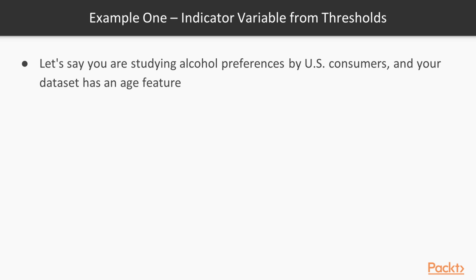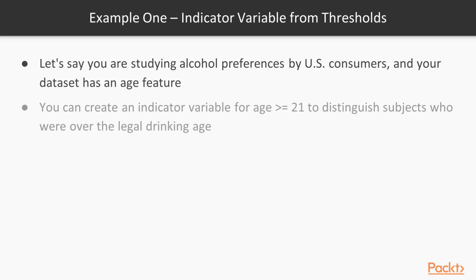But for this particular model, we are interested only in one feature, that is age. Then we can create an indicator variable for age greater than or equal to 21, and we can label the data accordingly with 0 and 1. Then such input could be used as the input to regression models that operate on the labeled data.